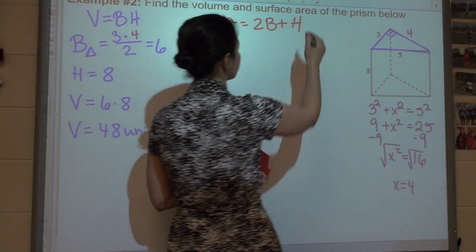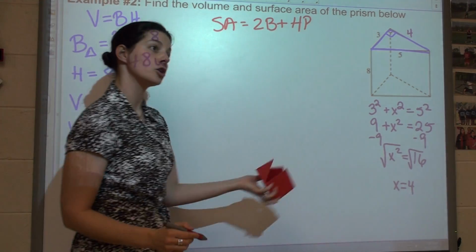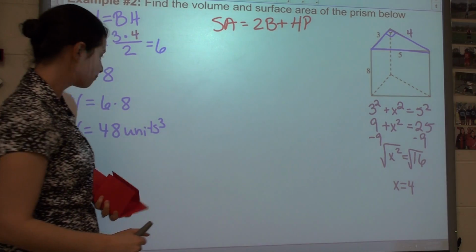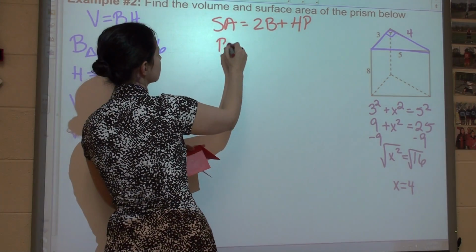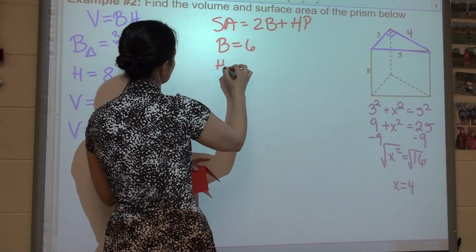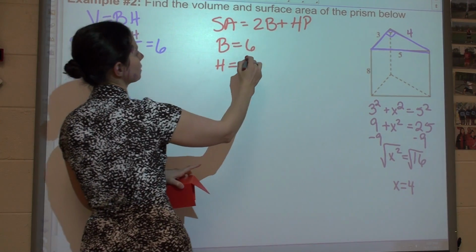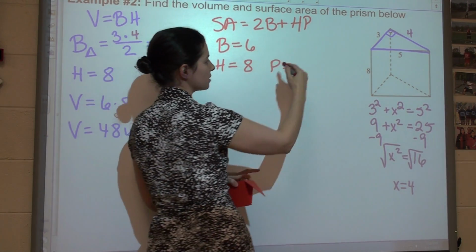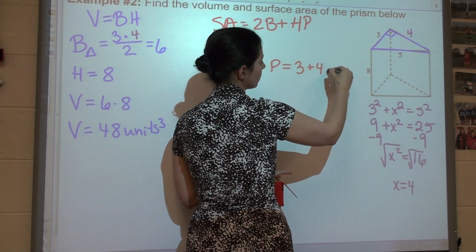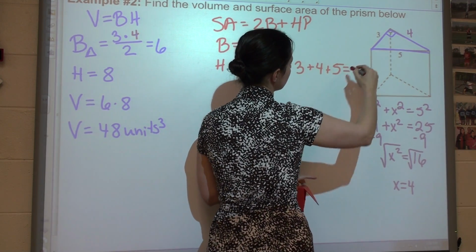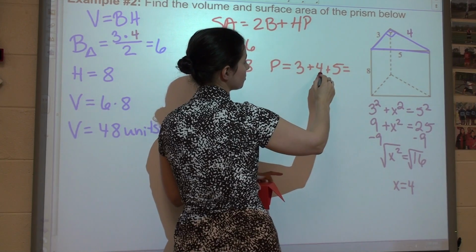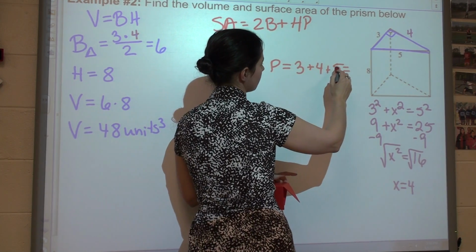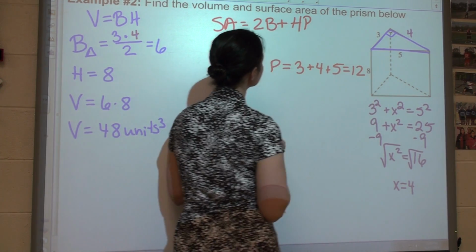So again, we've got a P, because polygons have perimeters, circles have circumferences. So we already know the base is 6. We already know the height is 8. So for my perimeter, we just have to add up all my sides. So I've got 3 plus 4 plus 5, which is 3 plus 4 is 7, 7 plus 5 is 12.